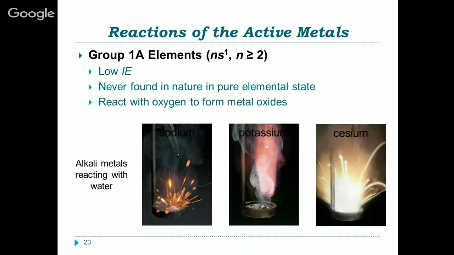So here I have sodium, potassium, cesium, showing what's happening when I have these pure metals reacting with water. And these metals are actually very soft. You can cut them with a knife. They're shiny, and they always have to be kept in oil because of how reactive they are. And like I said, when we react these metals, we form bases. So we form a basic solution if we have a big bucket of water.